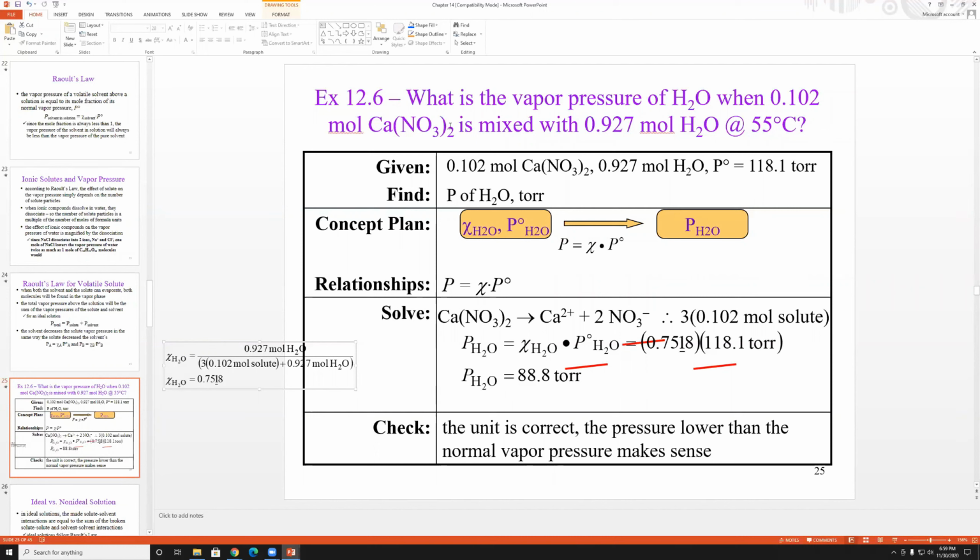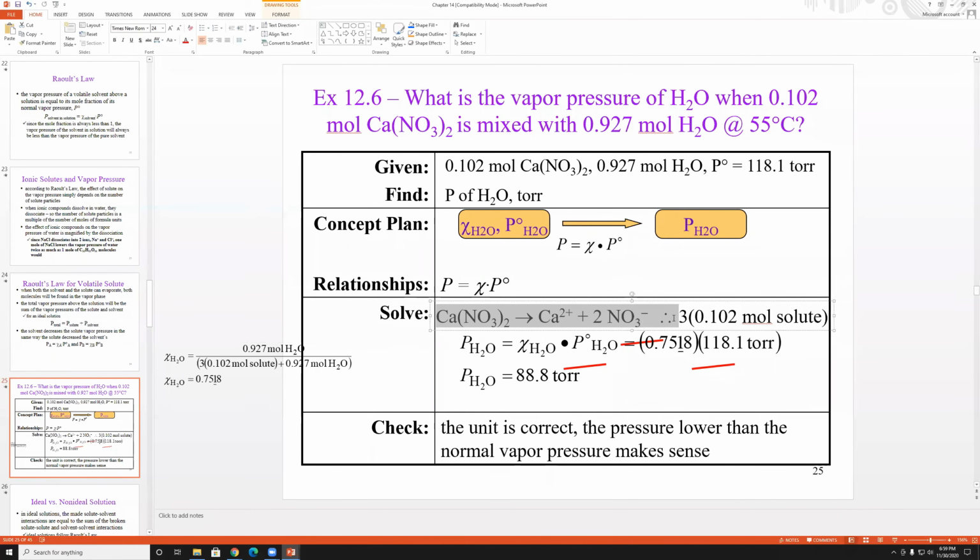When it's mixed with water, what's going to happen to it? We need our knowledge of electrolytes. We know it's going to dissociate into Ca2+ and 2 NO3 minus ions. That's why we have this written here. So we have 3 times the amount of moles, so that's going to be 0.306 plus the moles of the water. That's going to equal your total moles. Do this division, we get 0.752.